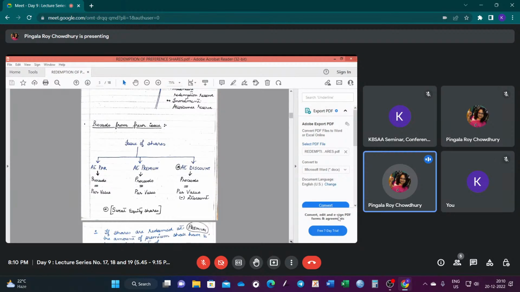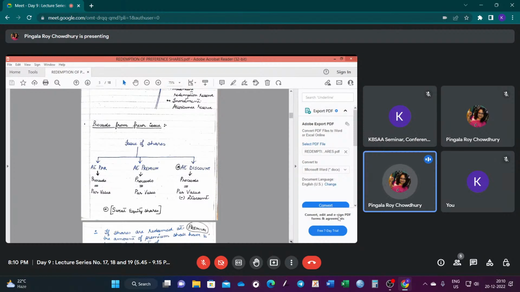Now say for example, a share which is priced at rupees 10, you are issuing it at rupees 12. So two shares you are issuing at rupees 12, you are getting a total of rupees 24. But that 24 cannot be considered as proceeds for the purpose of your redemption. Why? Because that rupees 24 includes premium amount of rupees 2 per share.